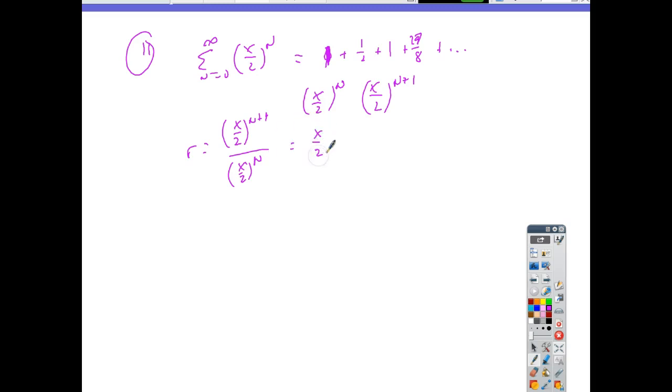So what do I end up with? An x over 2, don't I? Now I take the limit as n approaches infinity of x over 2, which is still x over 2, right? I said x over 2, absolute value less than 1.